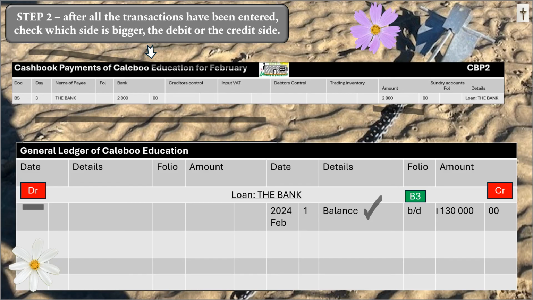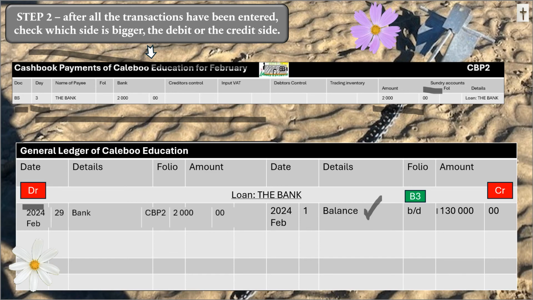When did this transaction take place? On the 3rd. It appears under sundry, so we need to put the transaction into the general ledger on the day the transaction took place. Where did we get this information? From the bank statement. Decrease in liabilities, debit the account.